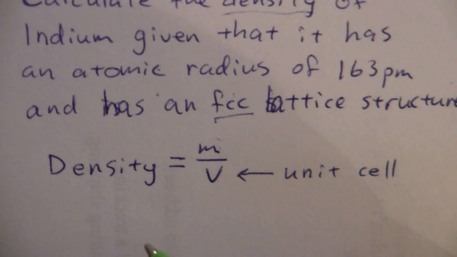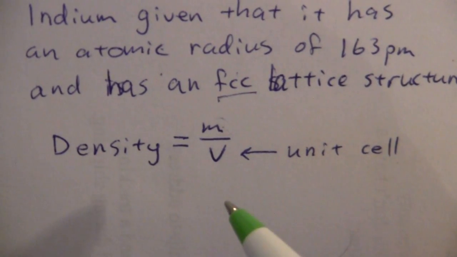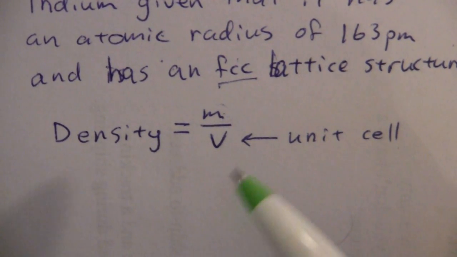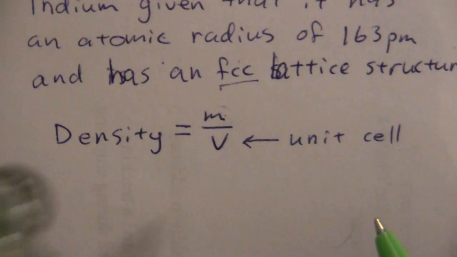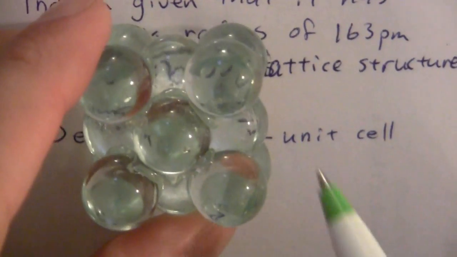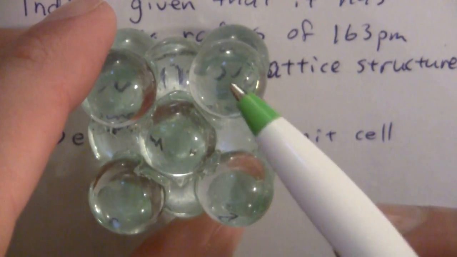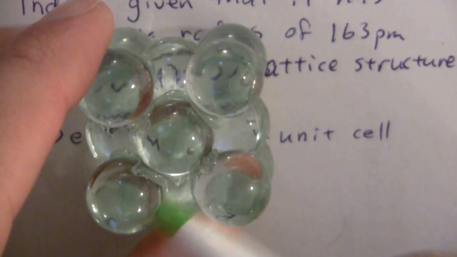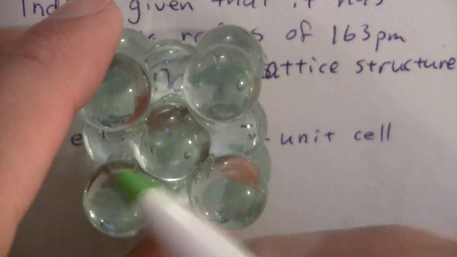First of all, let's look at the face-centered cubic unit cell, and here I have a little model of it. Here are the corners of the lattice points, or the lattice points of the face-centered cubic, and here's the center face piece.